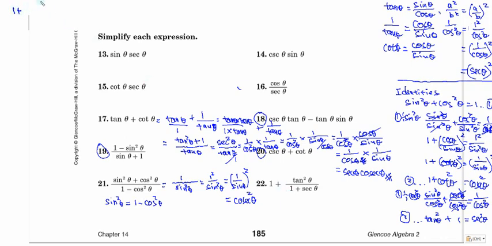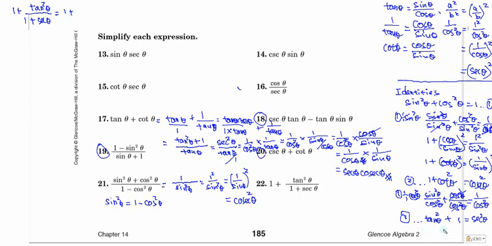1 plus tangent square theta over 1 plus secant theta. This is slightly complicated, but still manageable. Now, tangent square theta.